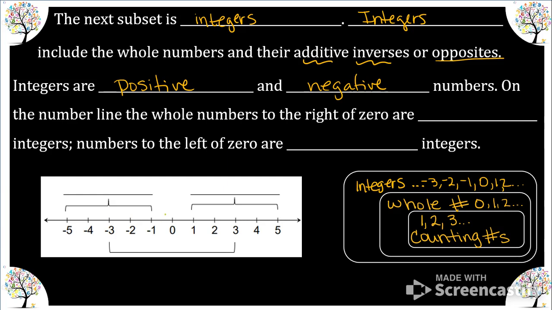So let's just take a look at the number line right quick. So 0 is also called the origin. It's where we begin on our number line. So we're going to compare a lot of things to the number 0 in this lesson. So the values to the right are positive numbers, and the values to the left of 0 are negative numbers.